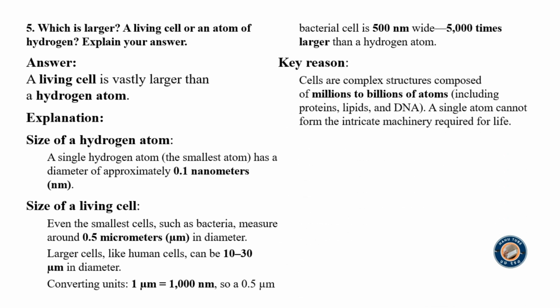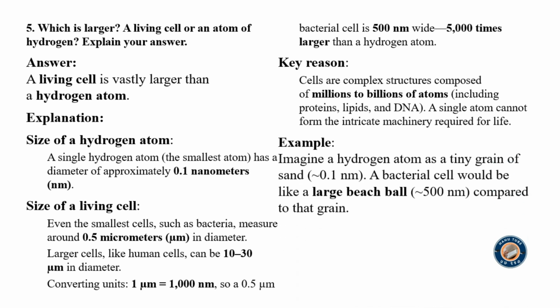The reason here is cells are complex structures composed of millions to billions of atoms, including proteins, lipids, and DNA. A single atom cannot form the intricate machinery required for life. For example, imagine a hydrogen atom as a tiny grain of sand, approximately 0.1 nanometer.